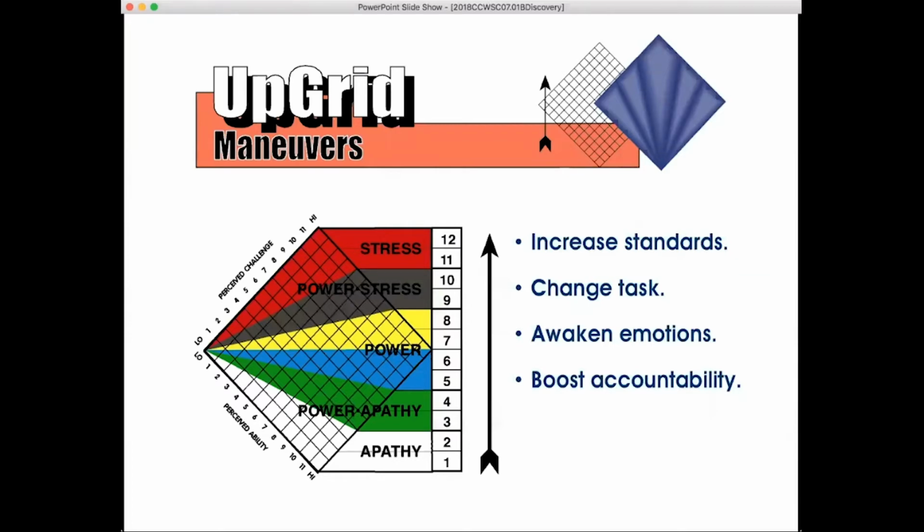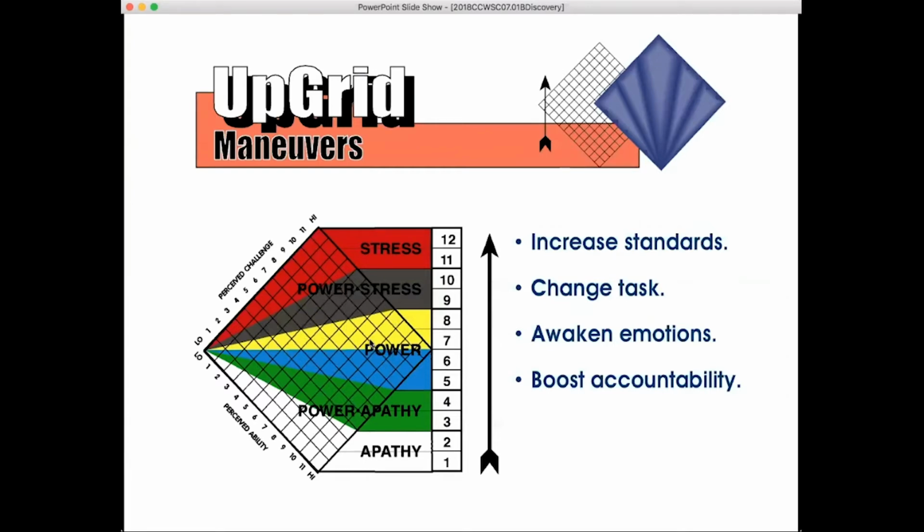Now, there are two sets of maneuvers we want to talk about today. These are going to be generally the second set of maneuvers you would move to. So you're going to be doing some upgrade or downgrade maneuvers, and then you might say, I also want to move the person further out grid, or maybe I need to move them further in grid. So our first wave of maneuver is up or down to get the person into power.